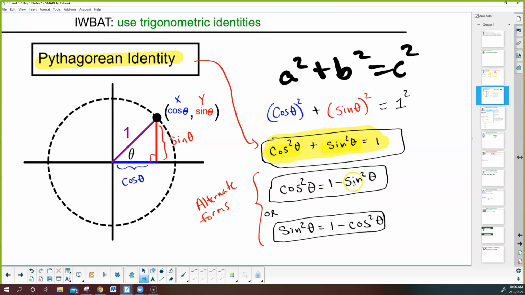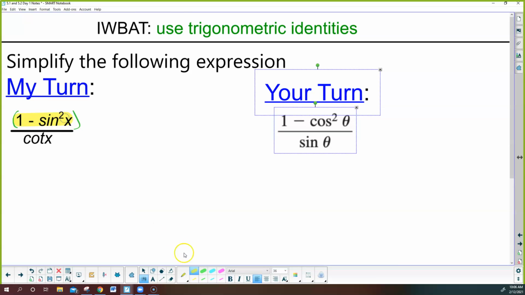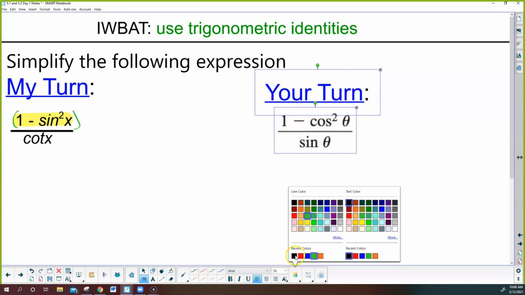And it was 1 minus sine squared. Well, 1 minus sine squared is actually the same thing as cosine squared. So we're going to use the alternate form of the Pythagorean identity to do cosine squared. So I'm going to replace this whole top part, and it becomes cosine squared. All right, so the top part, let's do that in green.